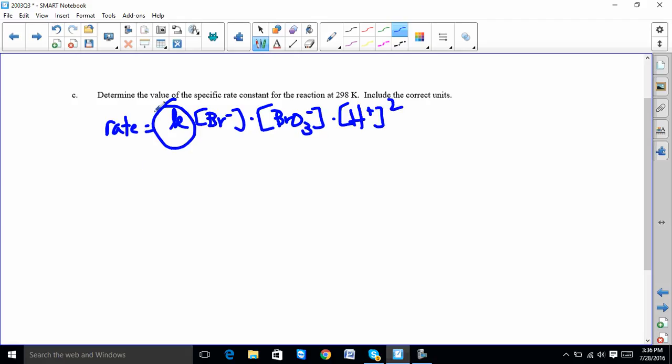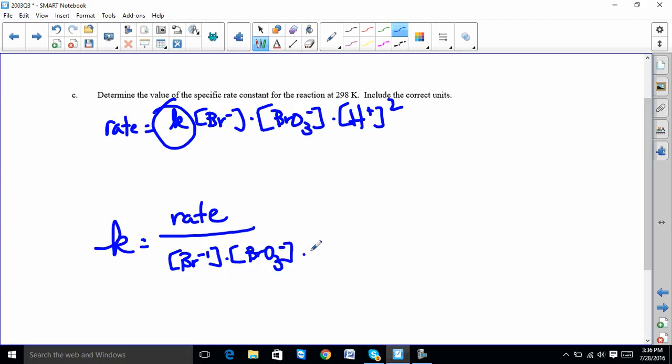Well, if you want to solve for K, K is calculated by taking the rate at any trial, and I always use trial 1, divided by bromide times the concentration of bromate times the concentration of the hydrogen ion squared.